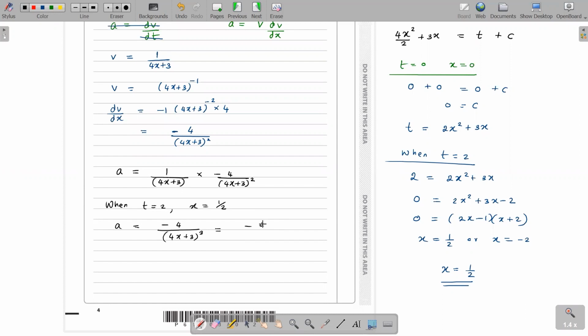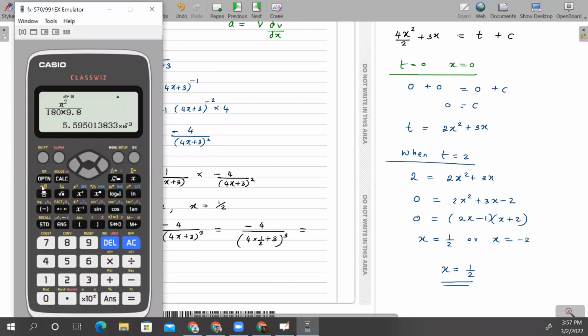Input x as half. This gives minus 4 over 125.